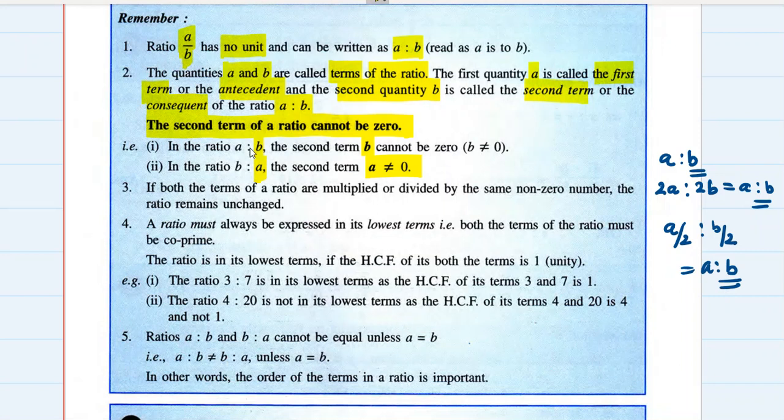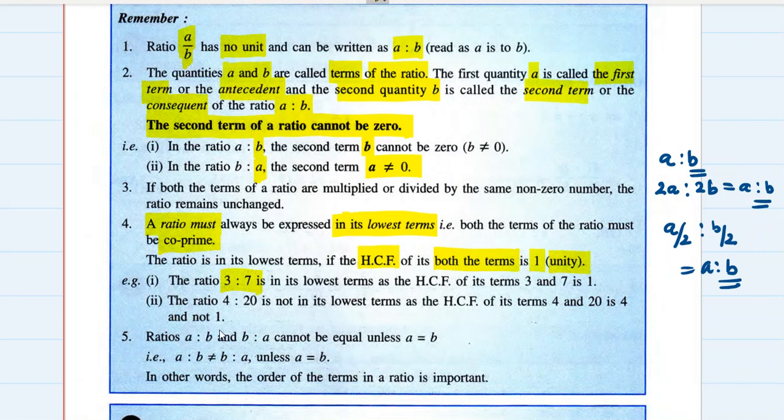Next property of ratios. These are all the properties of ratio. A ratio must always be expressed in its lowest terms. Always remember, a ratio will always be represented in its lowest term. That is, both the terms of the ratio must be co-prime. They should not have any common factor. The ratio is in its lowest terms if the HCF of both its numerator and denominator or terms is 1 or unity.